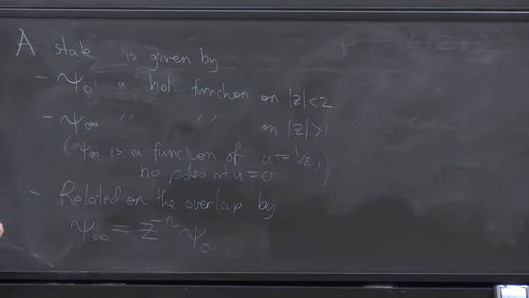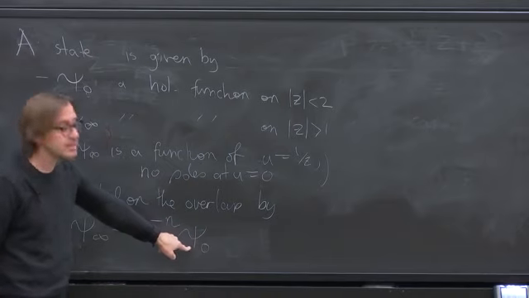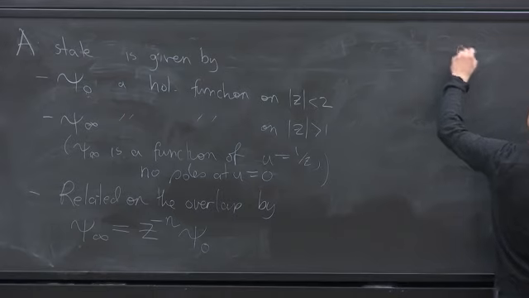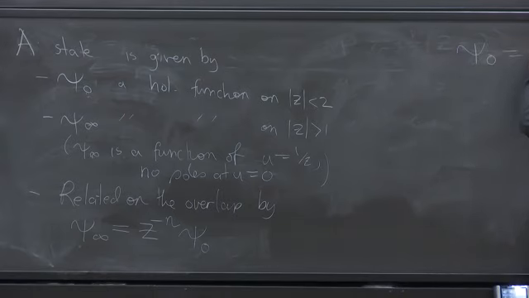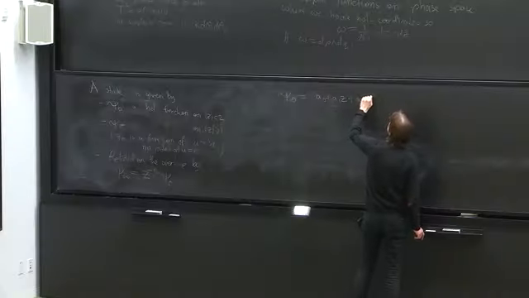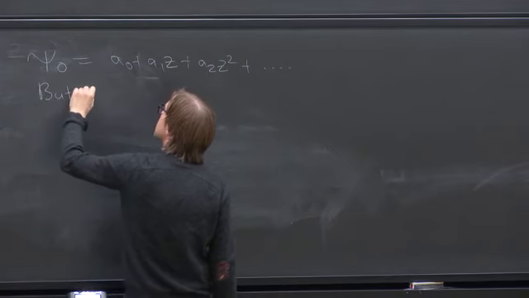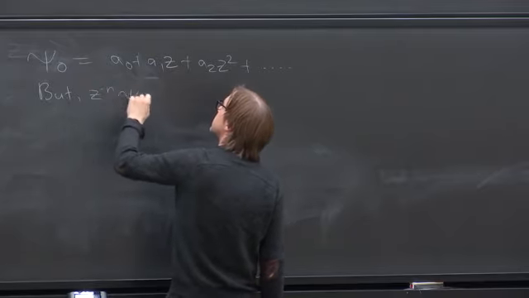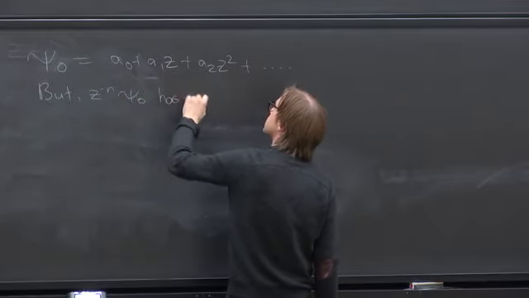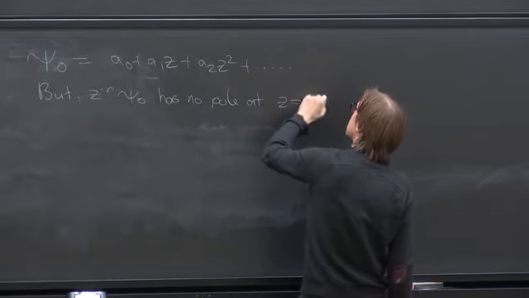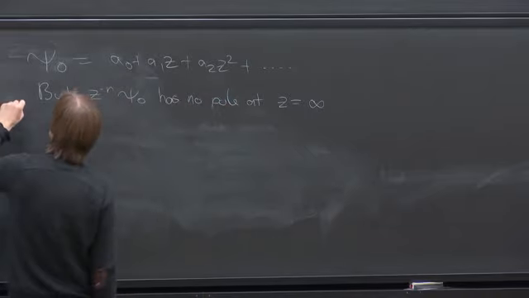So what does this mean? Let's expand psi 0 in series. So psi 0 looks like a0 plus a1z plus a2z squared plus so on. But z to the minus n, psi 0 has no pole at z equals infinity.